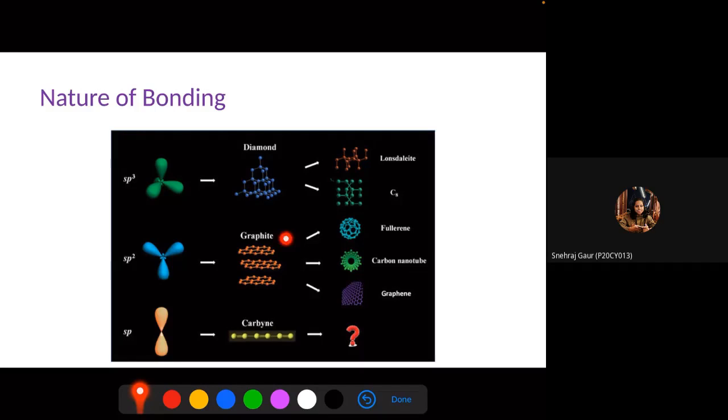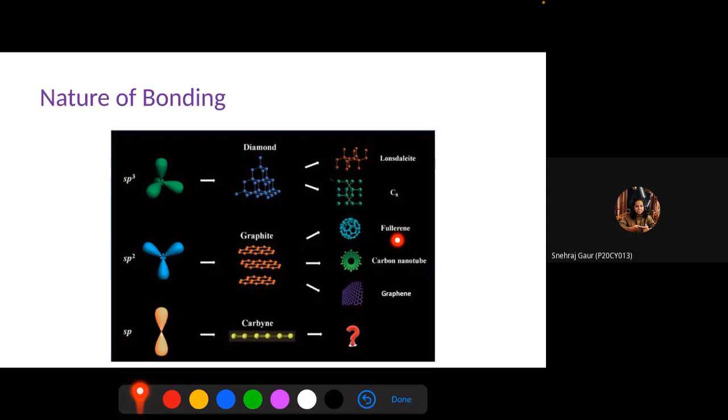But then out of graphite, you can make different forms. If you take one two-dimensional layer, you get graphene, and if you roll this graphene into a tube, you get a carbon nanotube. And you can also get another interesting structure, that is fullerene, which is a cage-like structure you get again from carbon.